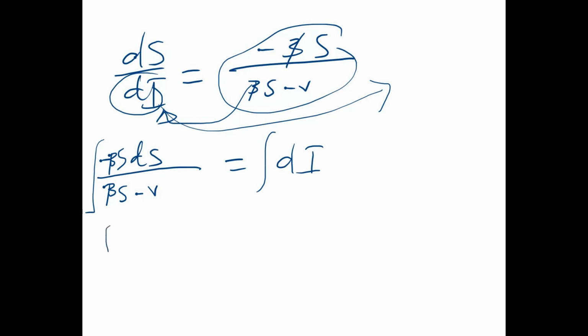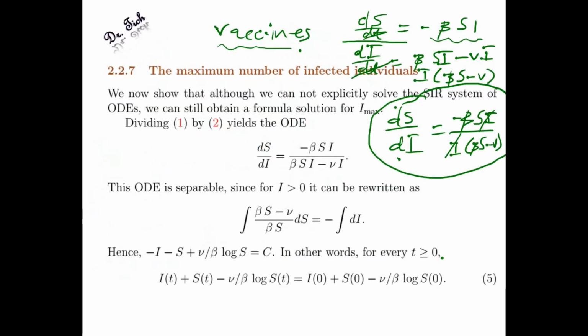Well, this is the same as minus beta S over beta S minus v dS is equal to, because this is a constant 1, you are simply going to get I. But on the other side, there is a little bit of drama.